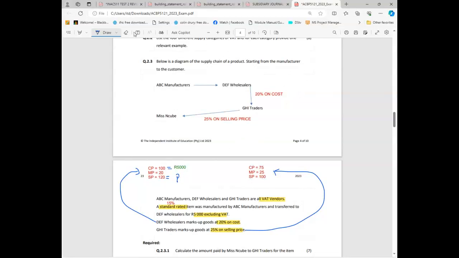It will be 5,000 times 120 over 100. How much?